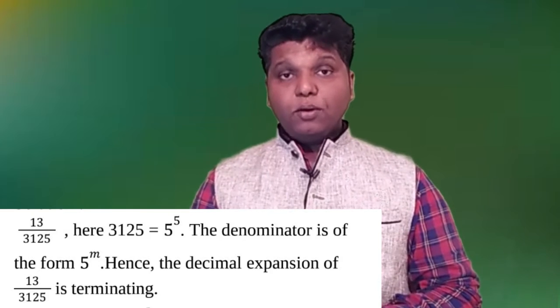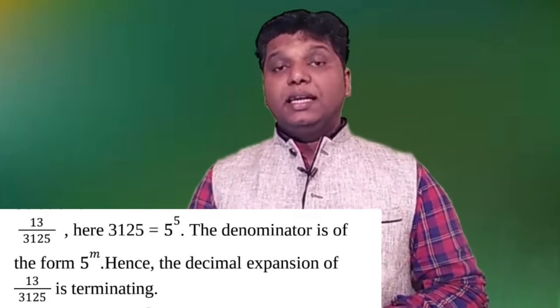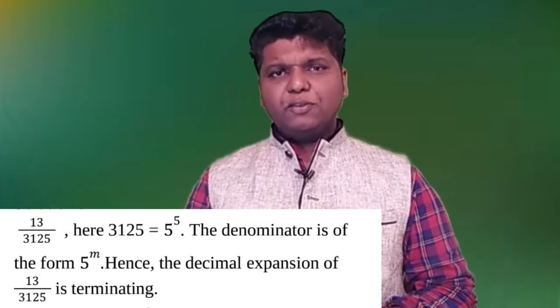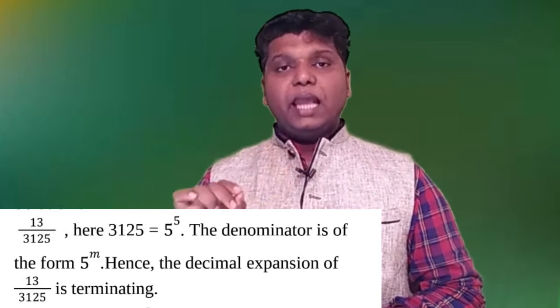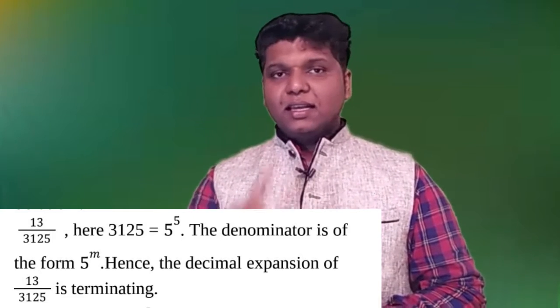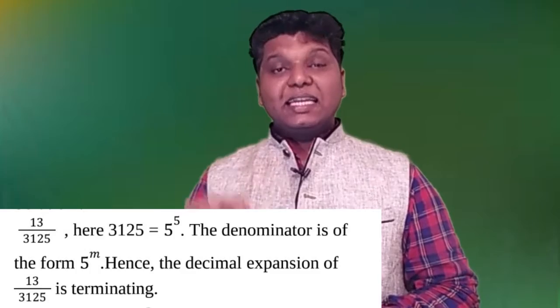Therefore, the denominator can be expressed in the form 5 raised to m. Hence, this rational number is a terminating decimal. If you take the decimal expansion of this one, it is going to terminate after some digits.